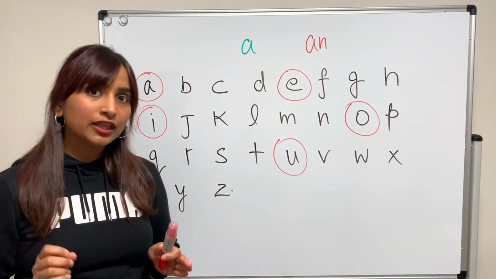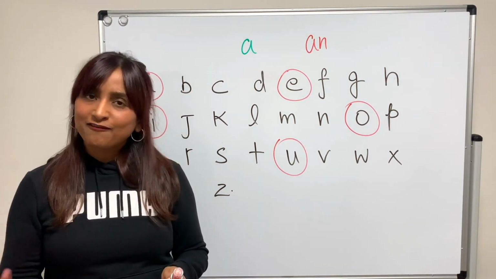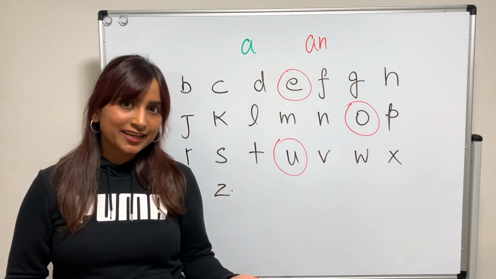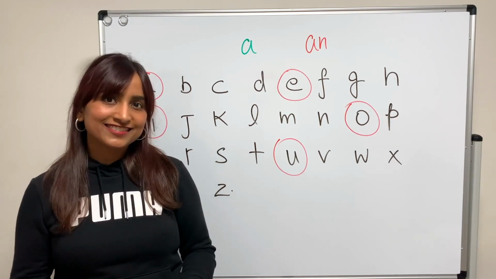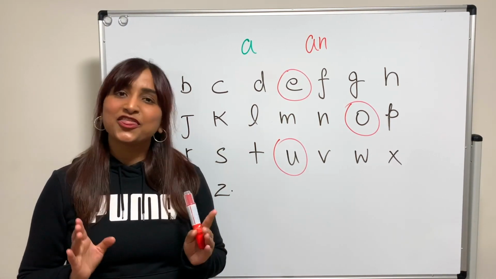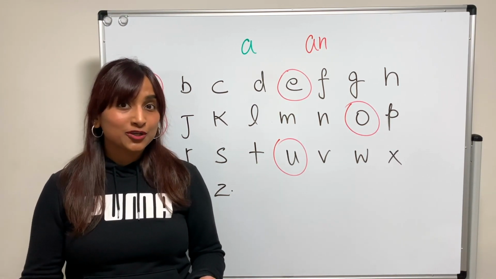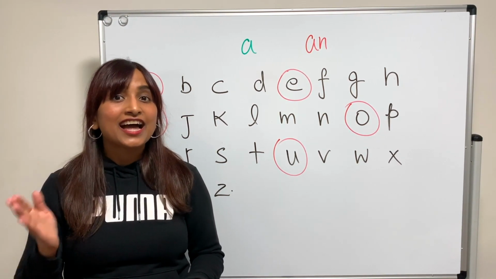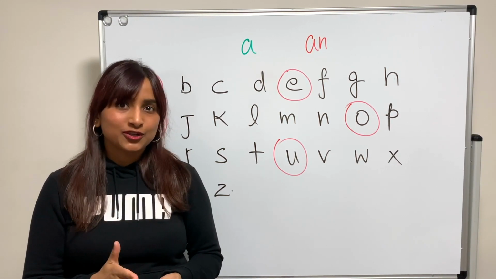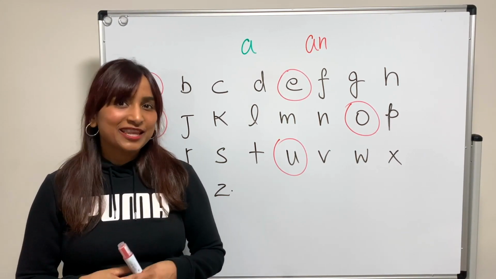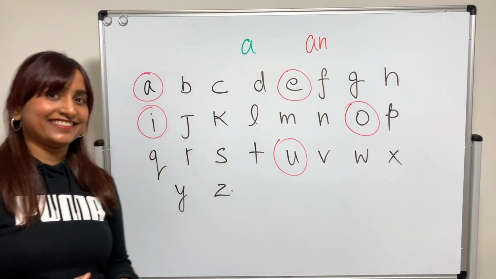Normally, a vowel letter produces a vowel sound, and a consonant letter produces a consonant sound. But there are exceptions, which means a vowel letter can produce a consonant sound, and a consonant letter can produce a vowel sound. Let me show you some examples here.